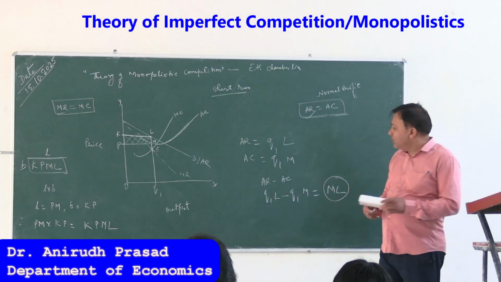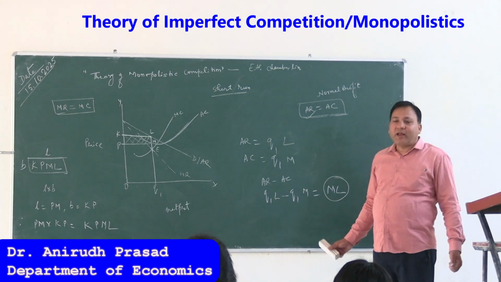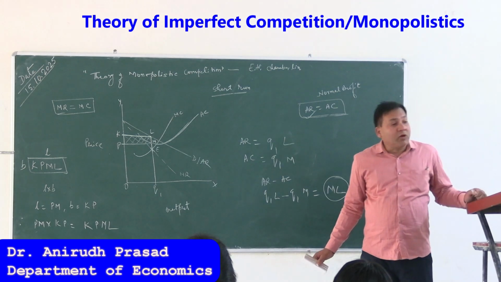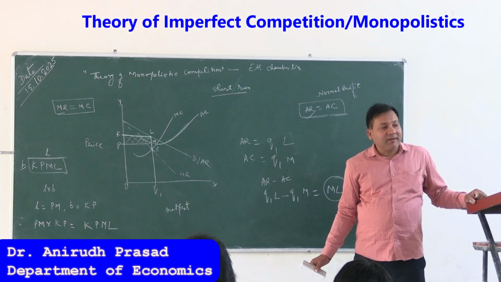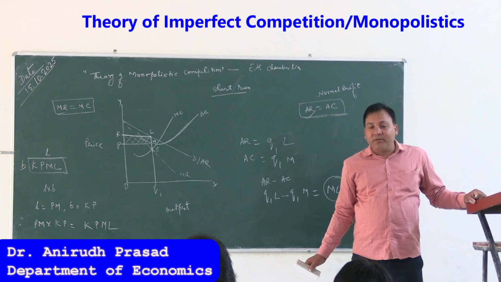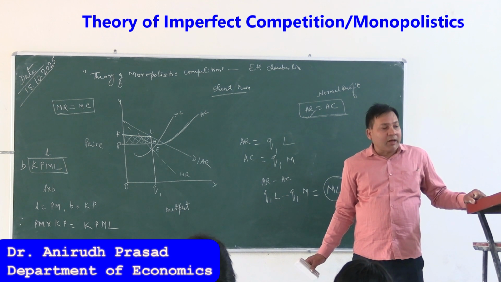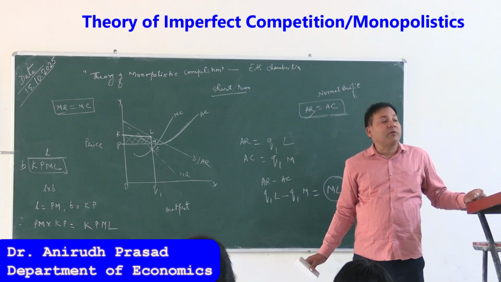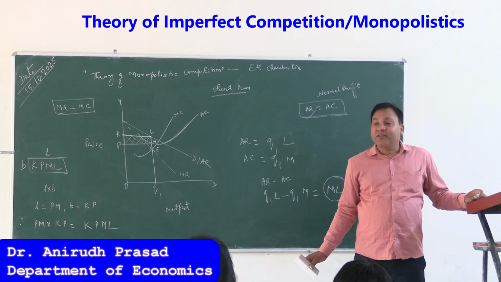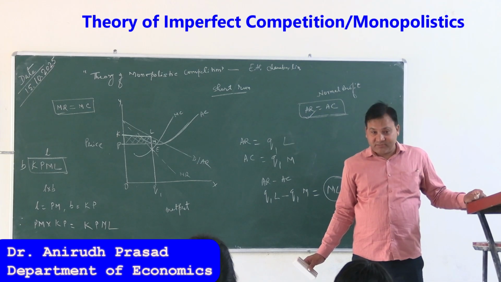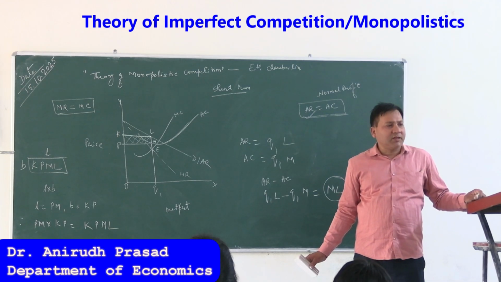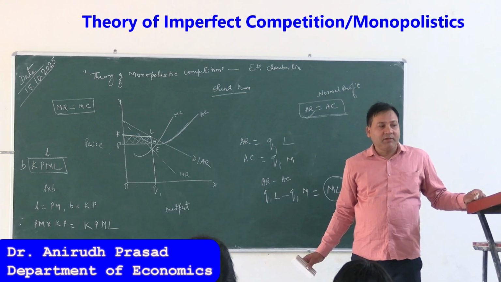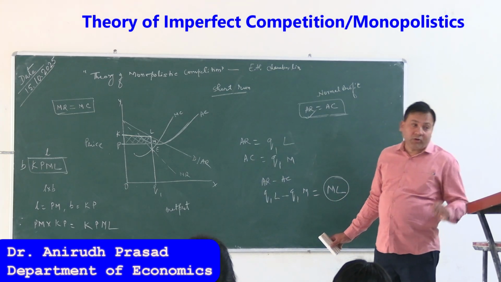But in the short run, time is so short that the firms are not in a position to manage all their factors in such a way that they can get the normal profit or supernormal profit. So in the short run, they can also get losses, for the time being, but not in the long run.